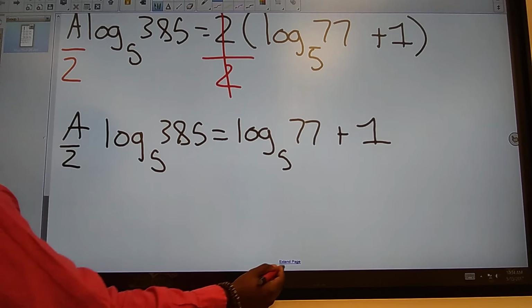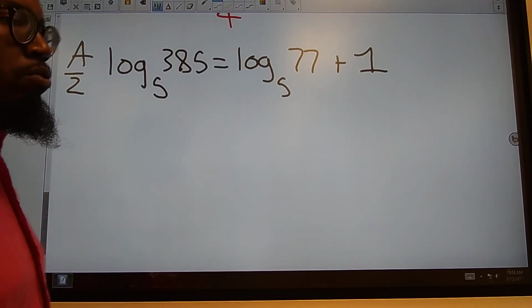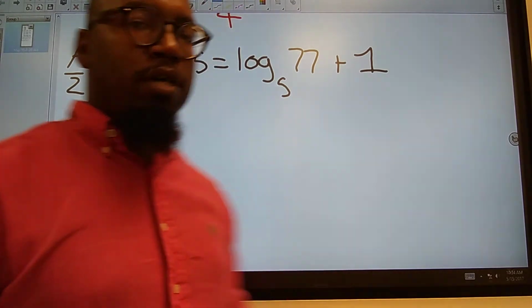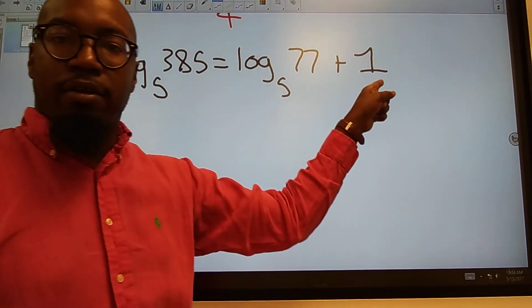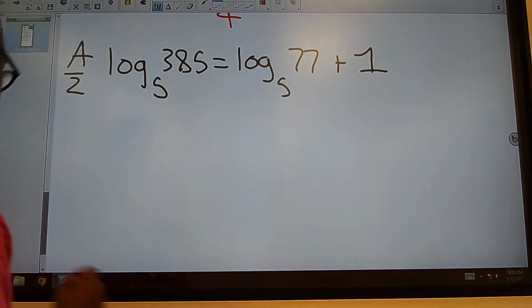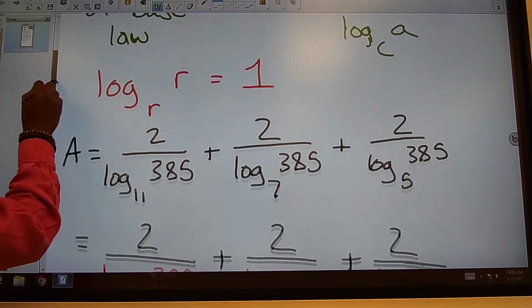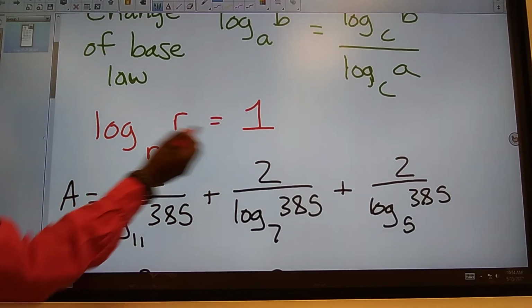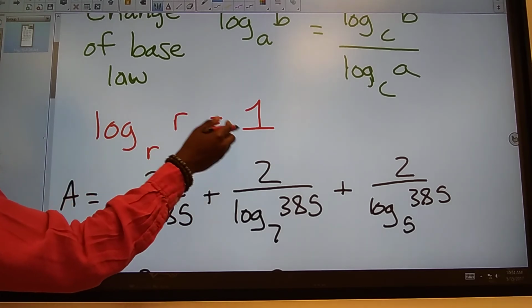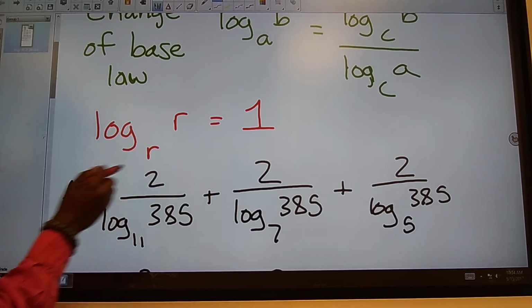Now, I'm almost done. And this is the part where some people may get stuck, because you can actually go ahead and try to solve it from here. But the thing that's blocking you is this 1 right here. Okay. So remember earlier when I told you about this formula right here, this is what I'm going to substitute. Okay. So 1 is the same thing as saying log base r of the same argument r.